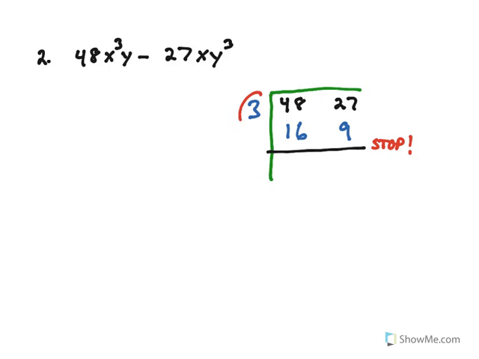And therefore 3 is my GCF. So when you find a GCF, you keep dividing both numbers until you can't find another number that goes into both of them. If you have 3 numbers, it's going to be the same thing. You stop. And so that's why I'm going to factor out a 3 here.